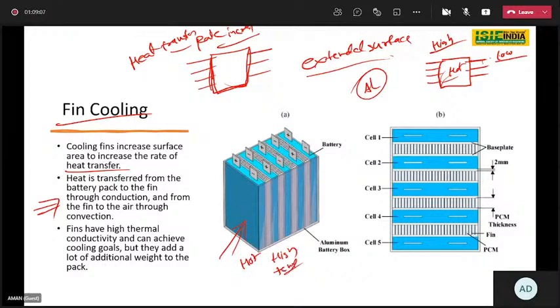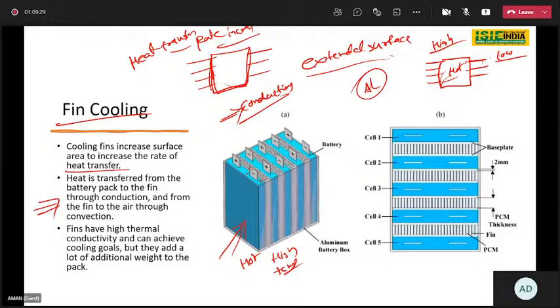These aluminum fins are taking the temperature from this particular body. So temperature is transferring from one body to another body due to the conduction process.